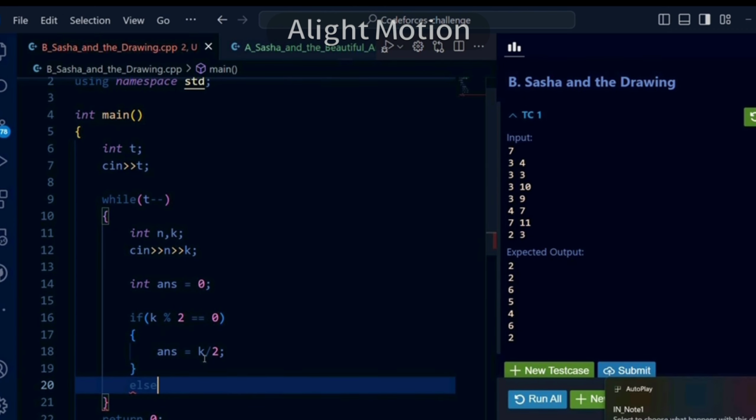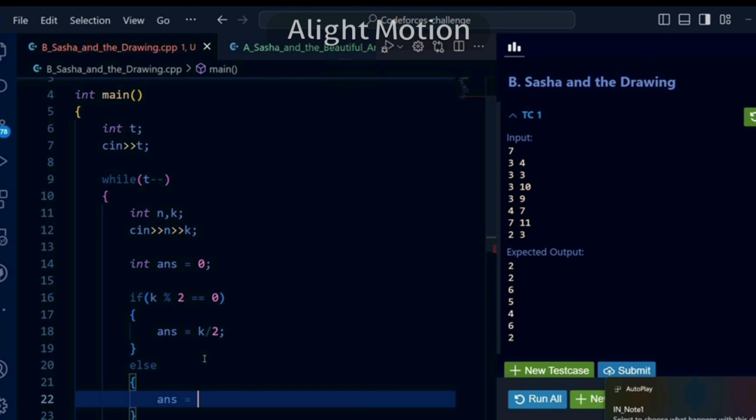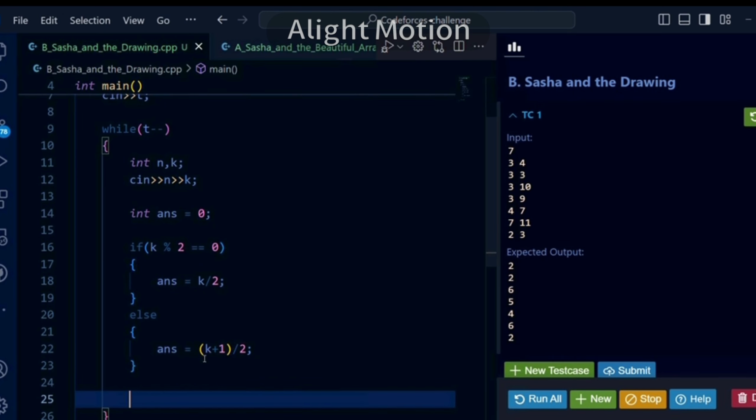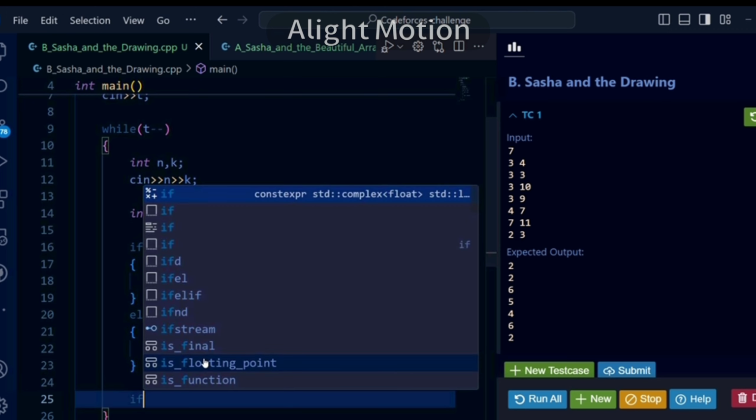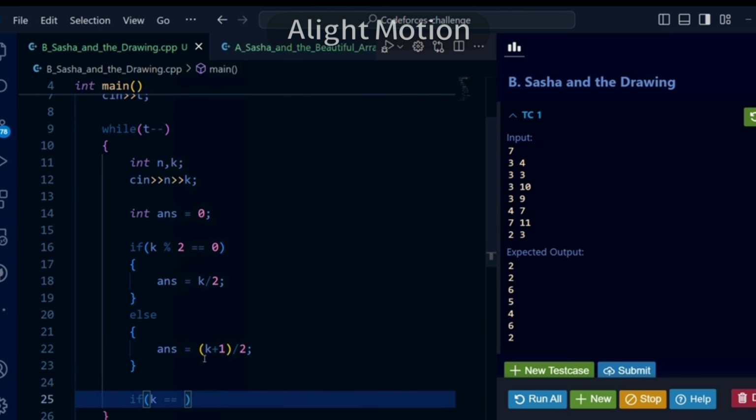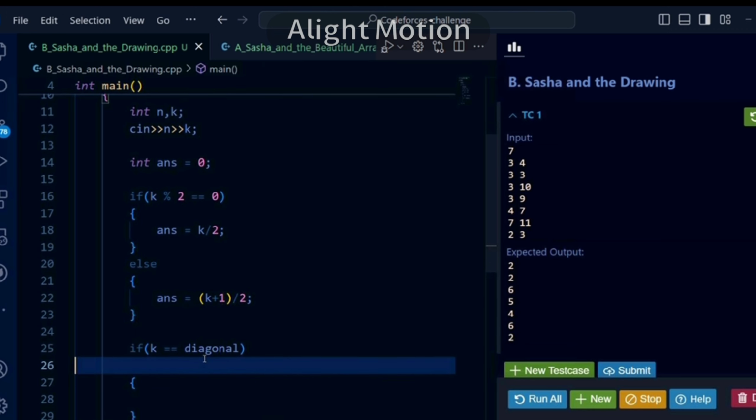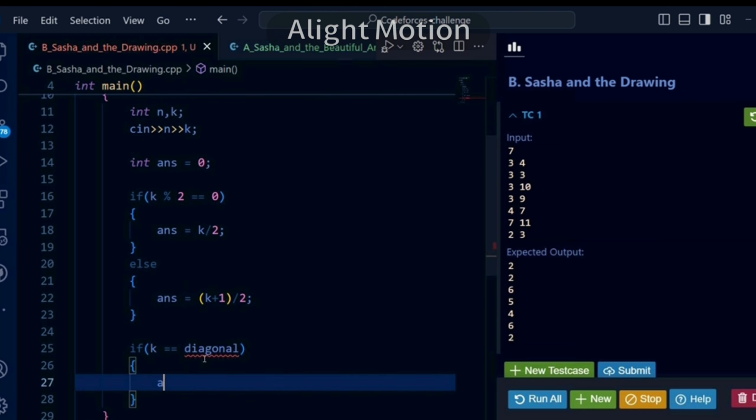Else, if my k was odd, in that case my answer would be k plus 1 by 2. Okay, I got this. But there is a catch, that was when k is equal to the diagonal, right? This was the catch, and here I need to increase the value by 1.